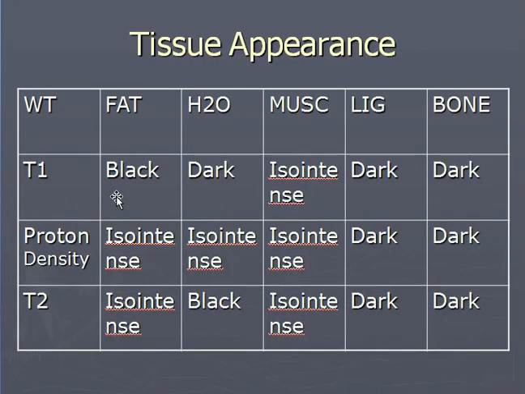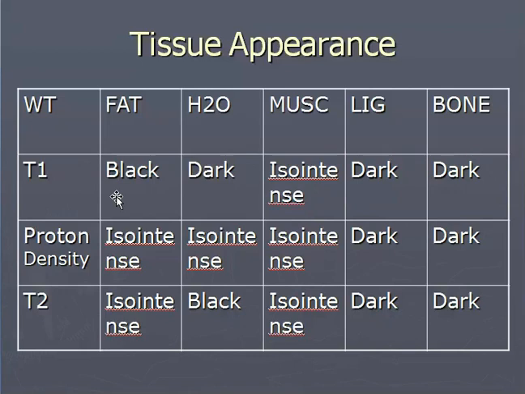Now, how the tissues appear in various MR applications. The whole sketch shows T1 weighted image: fat appears black, water appears dark, muscle iso-intense, ligaments dark and bone dark.